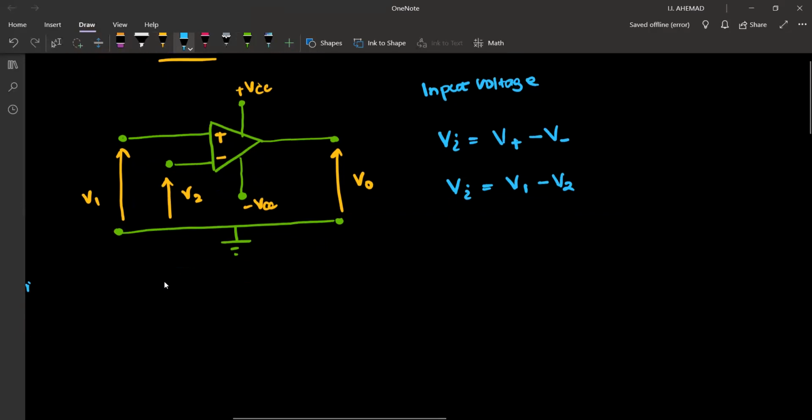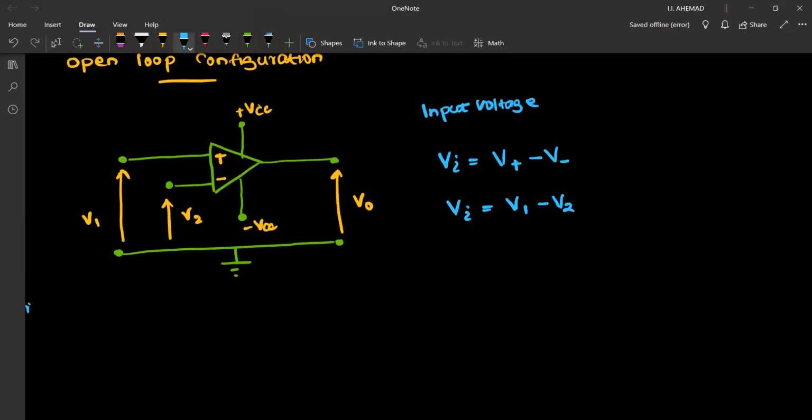And here, the output is proportional to the input. Then only it's an amplifier, right? So this is our input voltage.